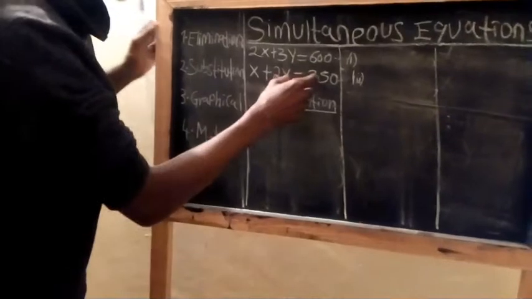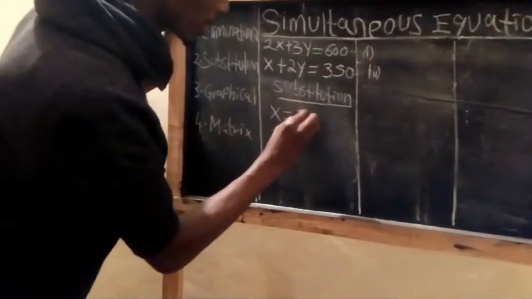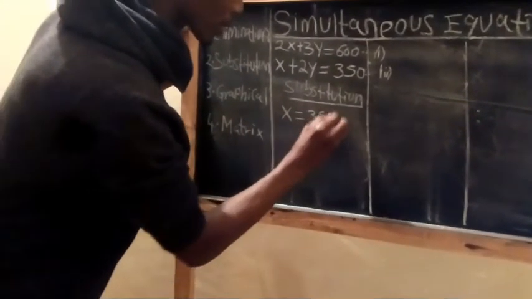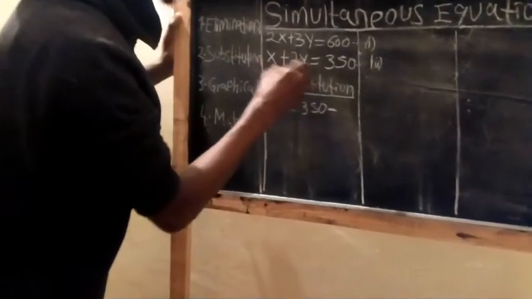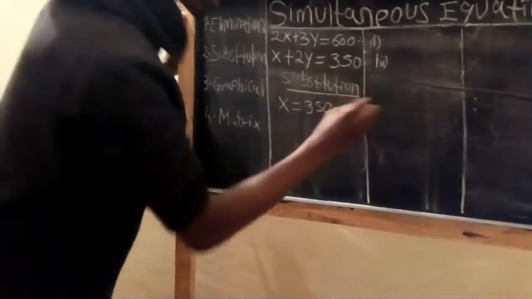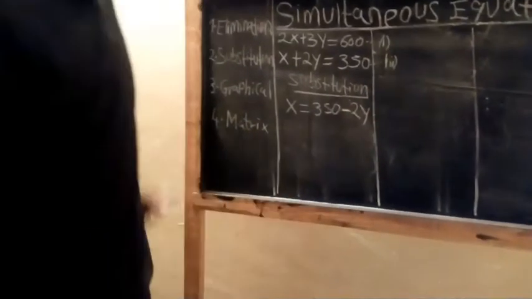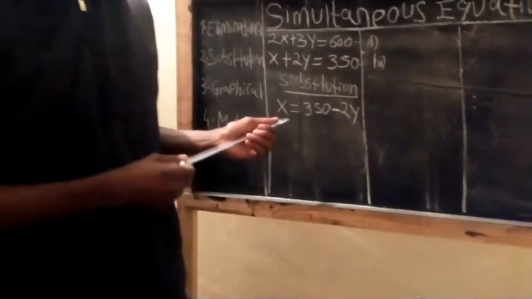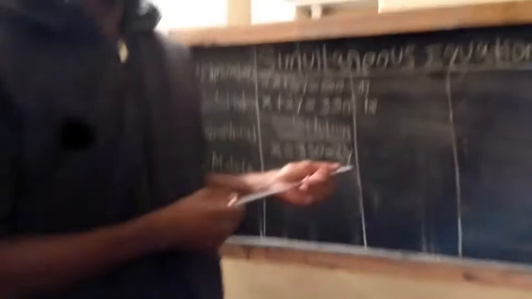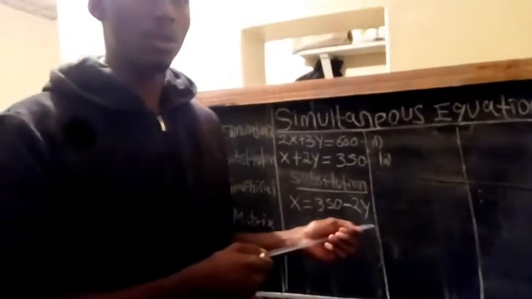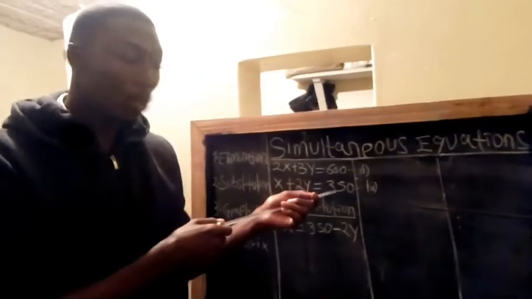So this one will remain the same after equal sign. It is still 350. Now minus 2y. So we've already made x the subject of the formula. In which equation? In the second equation.